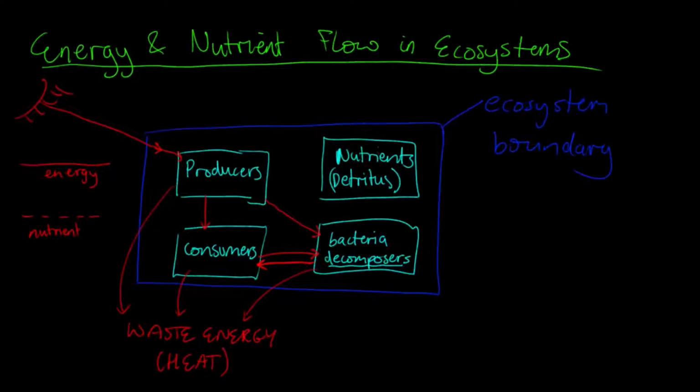And so that leads us on. We've got, of course, nutrients coming in from the producers. As the consumers eat the producers, there's going to be a nutrient flow in this direction. Likewise, when the consumer dies and gets broken down, when the producer dies and gets broken down, they will give nutrients to the bacteria. And the bacteria will break down the organisms and give nutrients to the ground, to the soil.